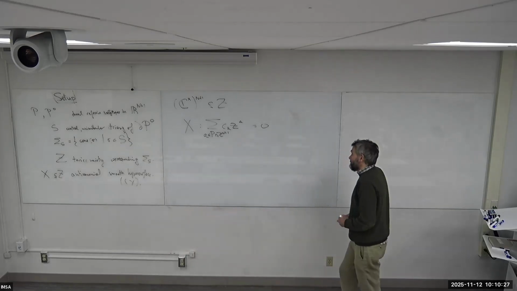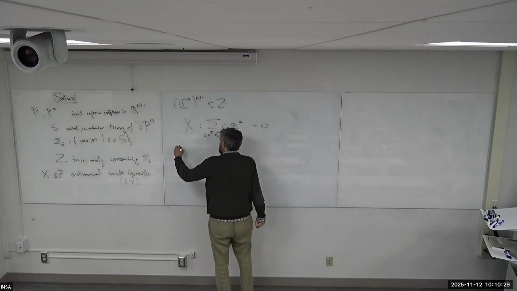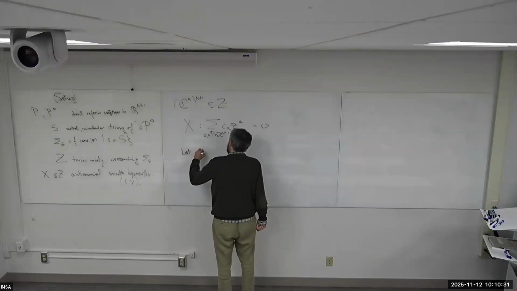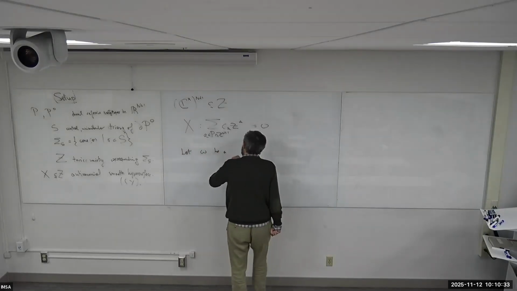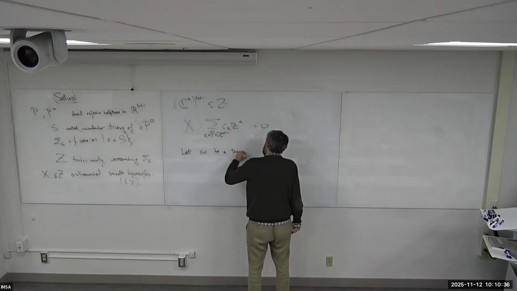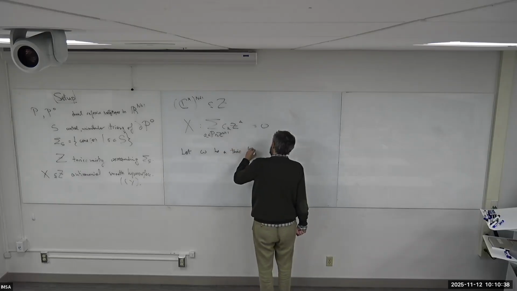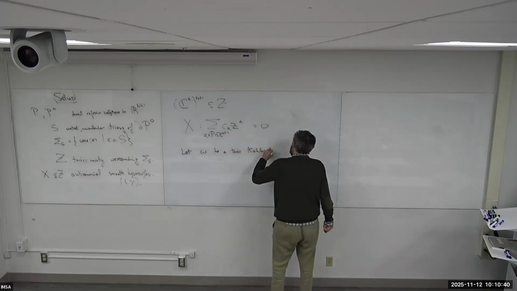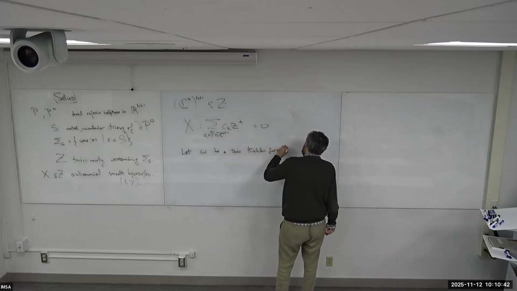So it means that there is a toric Kähler form omega on Z.